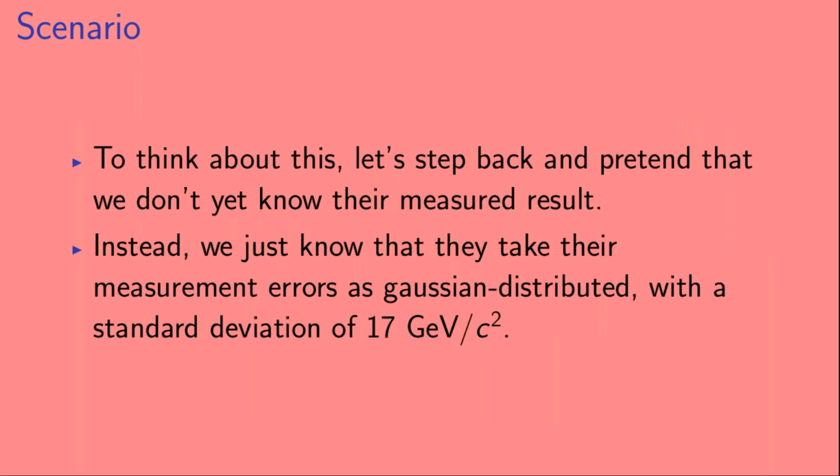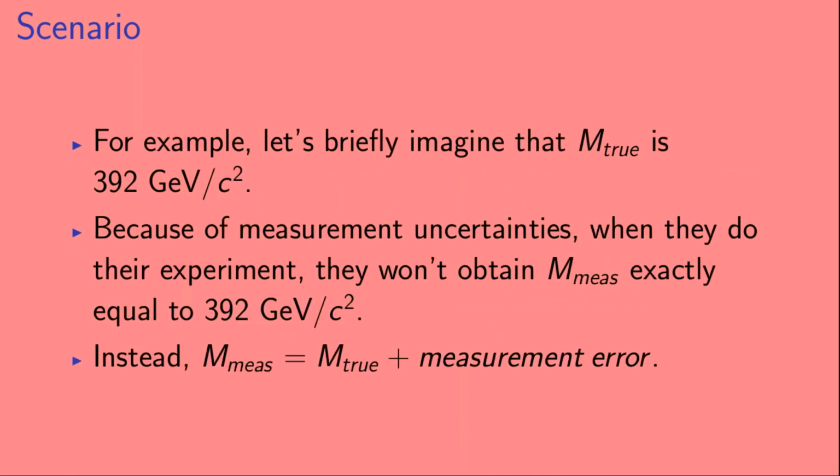To think about this, let's step back and pretend that we don't yet know their measured result. Instead, we just know that they take their measurement errors as Gaussian distributed with a standard deviation of 17 GeV/c². For example, let's briefly imagine that m true is 392 GeV/c². Because of measurement uncertainties, when they do their experiment, they won't obtain m measured exactly equal to 392 GeV/c².